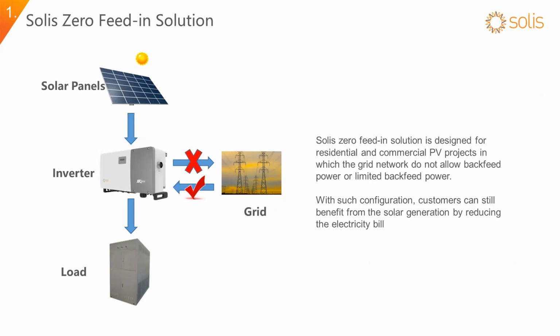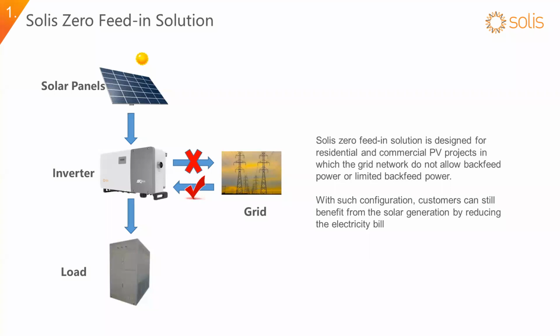The Solis zero fading solution is designed for residential and commercial PV projects in which the grid network doesn't allow feedback power or only allows limited backfeed power. For example, you have a 5 kilowatt PV system, but the network only allows you to export 3 kilowatt into the grid. You can use this function to limit the backfeed power to 3 kilowatt.